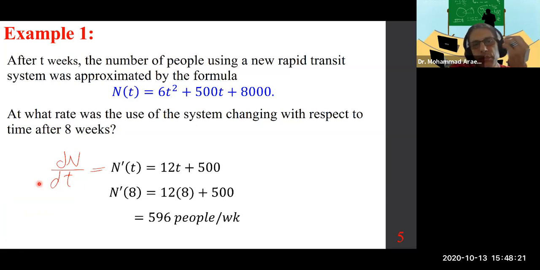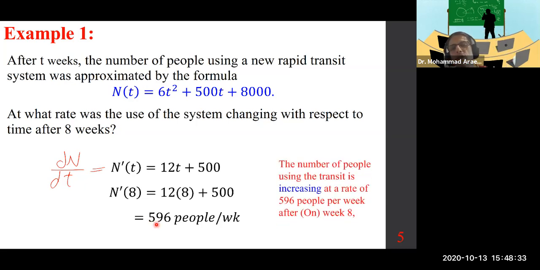The number of people that are using this transit after week 8 is increasing because this number is positive, increasing by this much. So the number of people using the transit is increasing at a rate of 596 people per week on week 8.